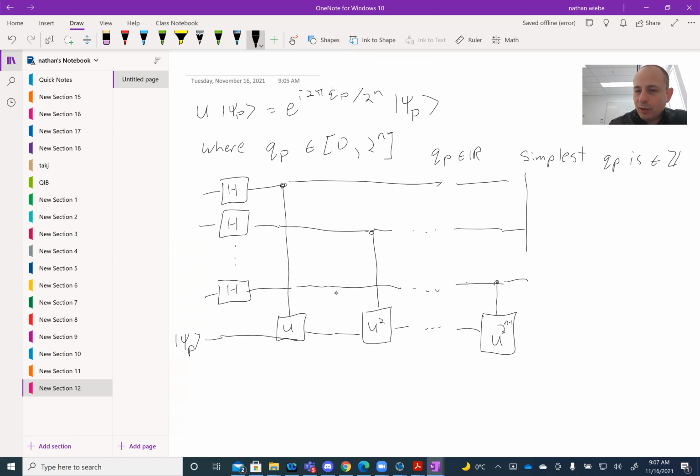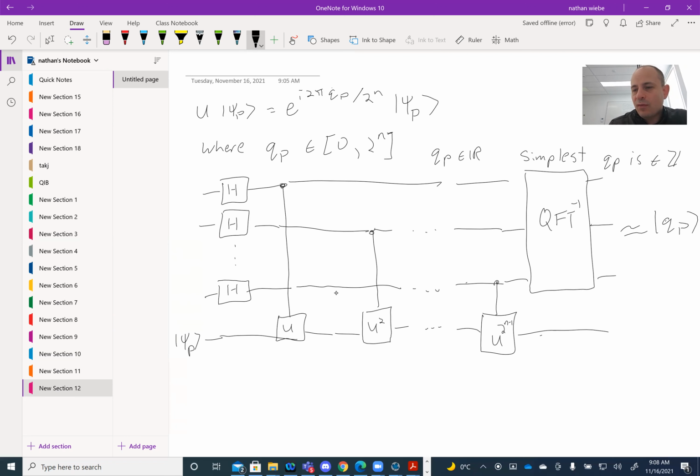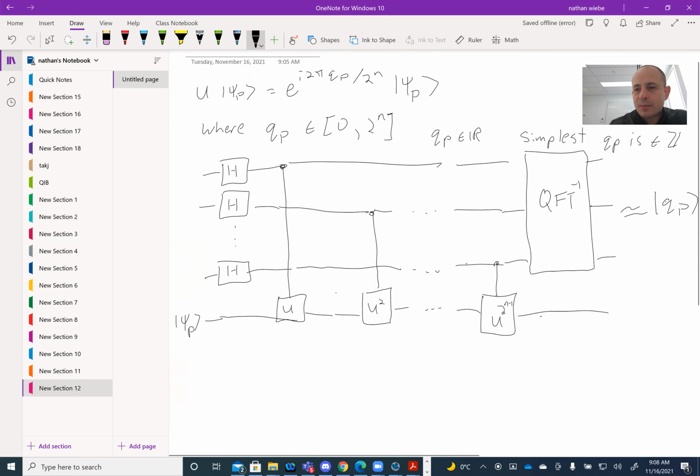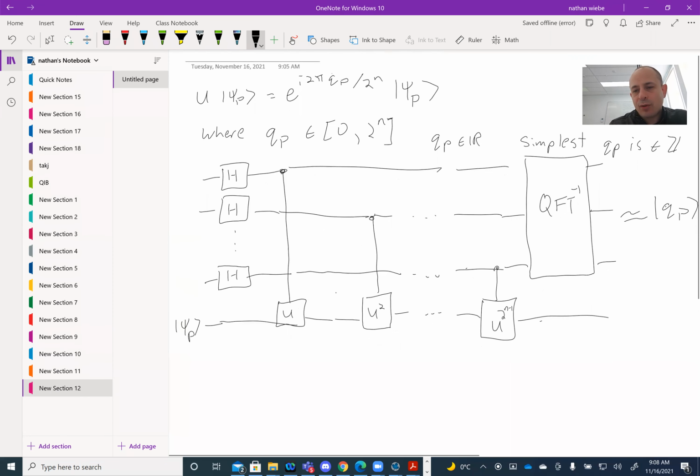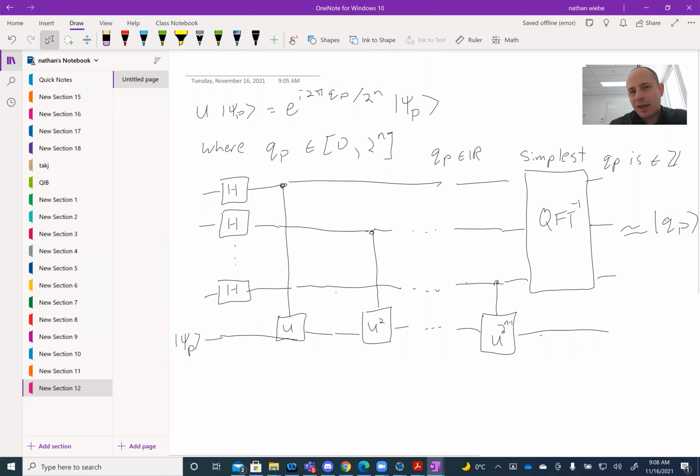Now, once we've done all of this, then what we need to do is take the inverse quantum Fourier transform on this side, and the result over here will be approximately equal to this value of q sub p.